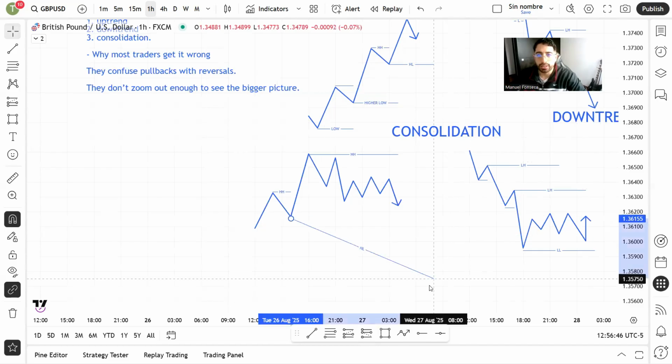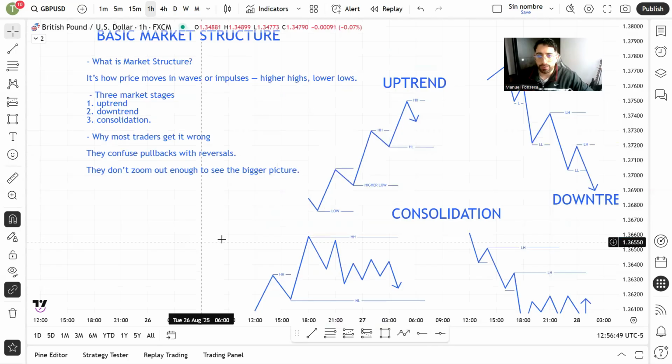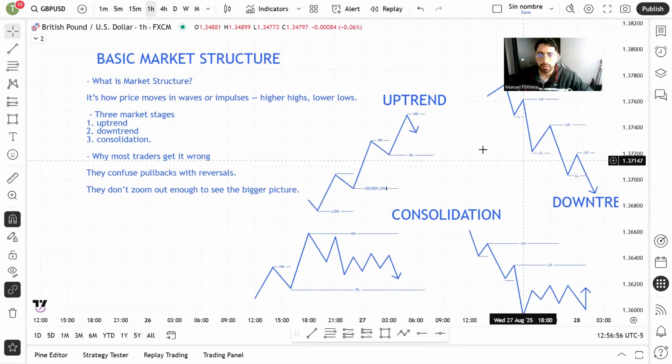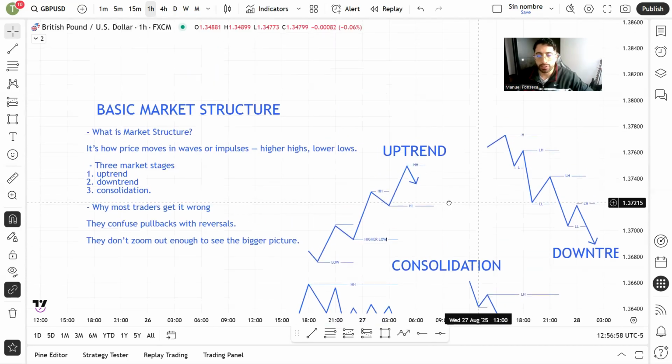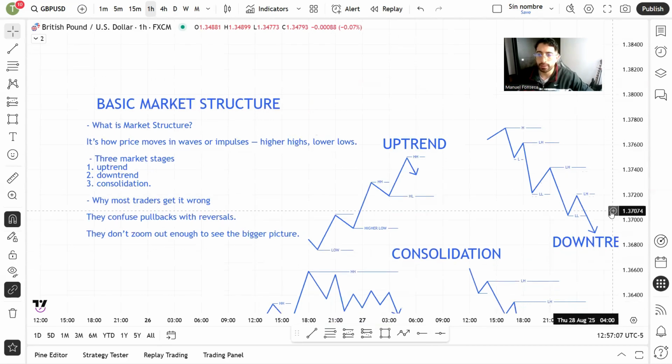And these are the three main stages of the market. The first one is an uptrend, you know, higher highs and higher lows continuously created by impulses or waves. Then we have a downtrend, which is lower highs and lower lows created consecutively.